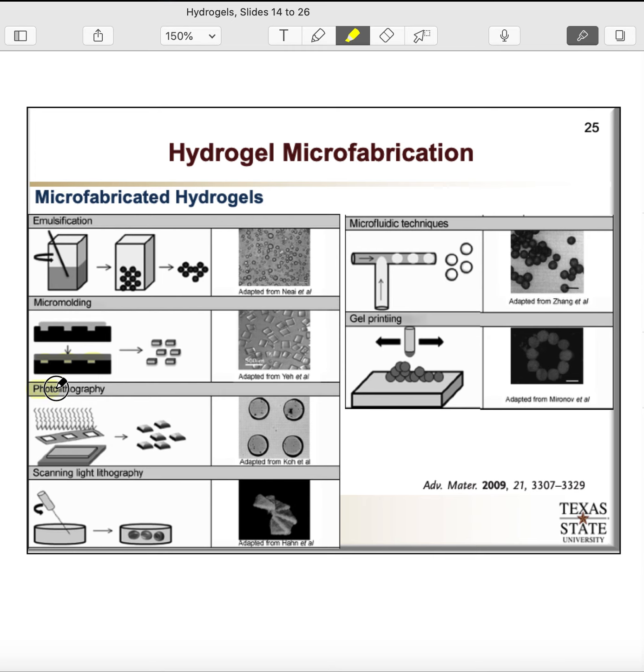Another method that is used significantly is photolithography, which we had already talked about before, in which basically we apply a prepolymer solution. In this case it is the monomers and cross-linkers and a UV initiator. We then apply a mask on top. That mask has the pattern that we want to obtain on it.